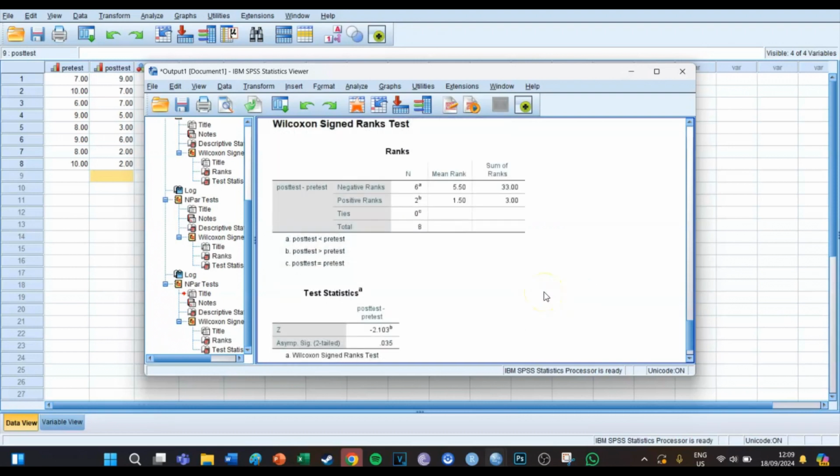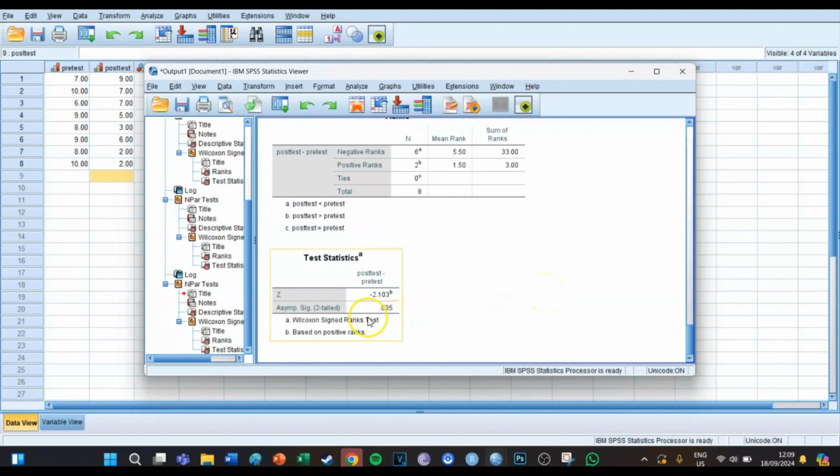And then if you take a look at the test statistic, so whether this difference was significantly different, we can see that the significance level is lower than the alpha of 0.05. So we can conclude in this case that the Z statistic, so minus 2.103, is significant. So in this case, yes, there is a significant difference between the pre-test and the post-test.